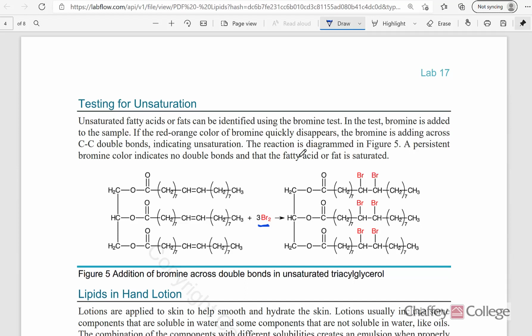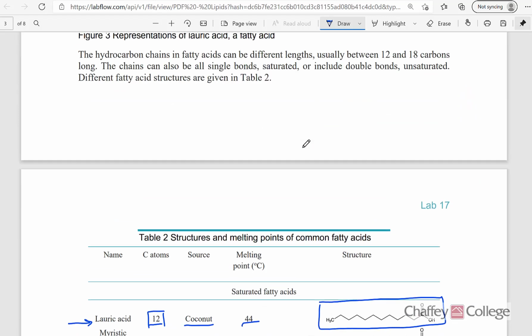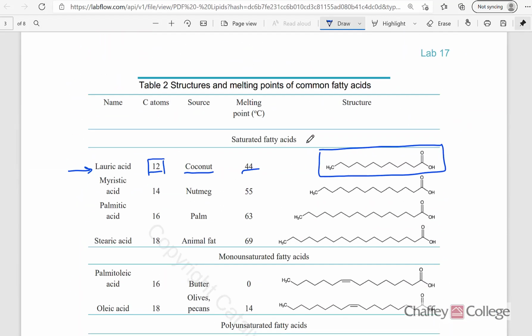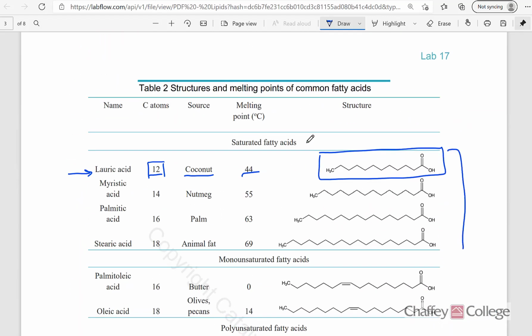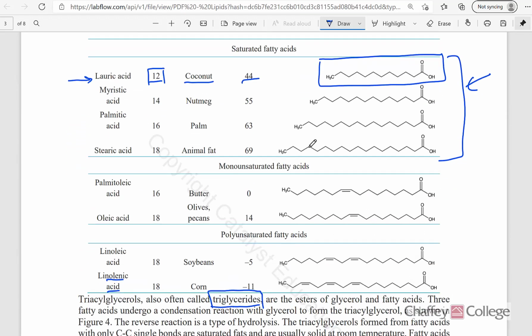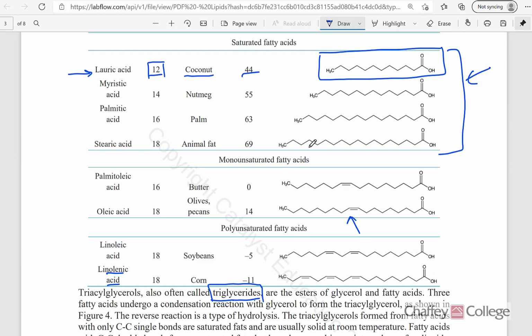Now, the meaning of unsaturation is whether there is any double bond present within the fatty acid or triglycerides or not. So for example, if you look at various fatty acids, some of them do not have any double bond, such as here, but some fatty acids do contain 1 or more double bonds, as you can see here.